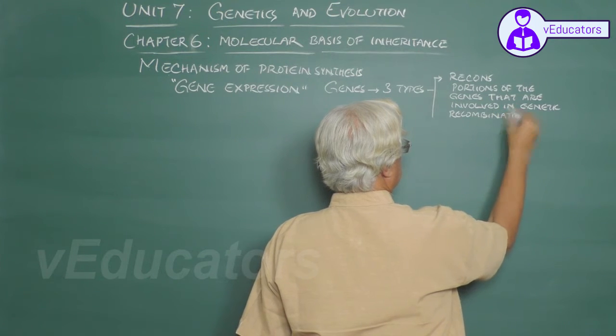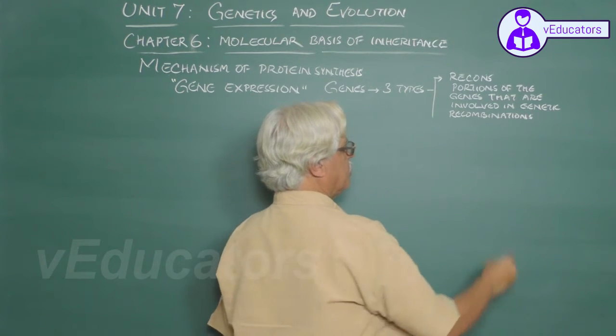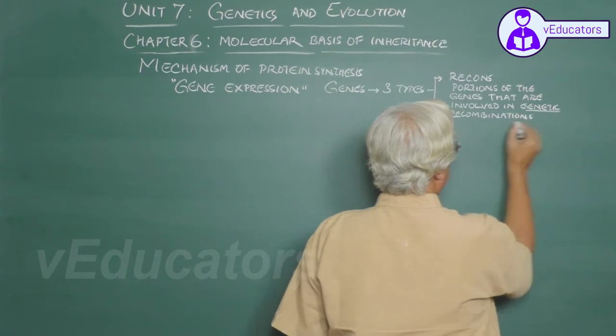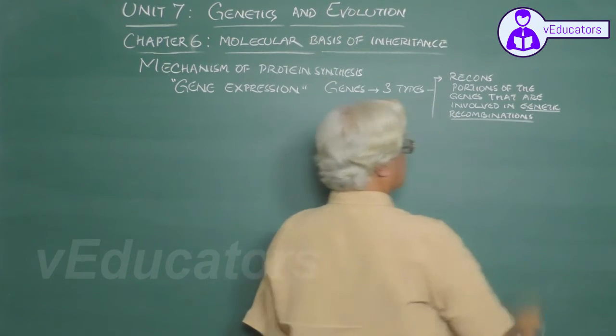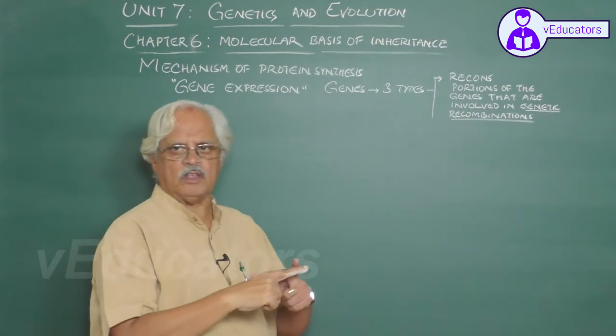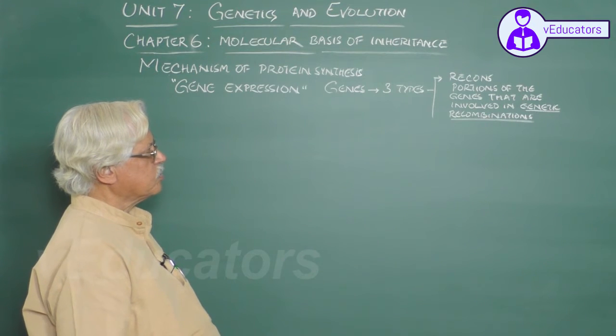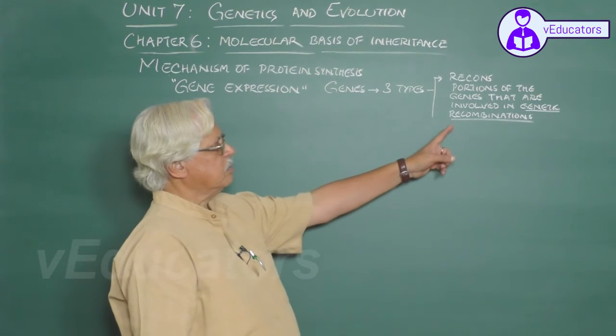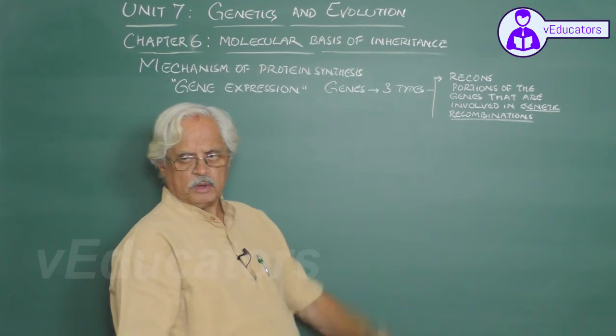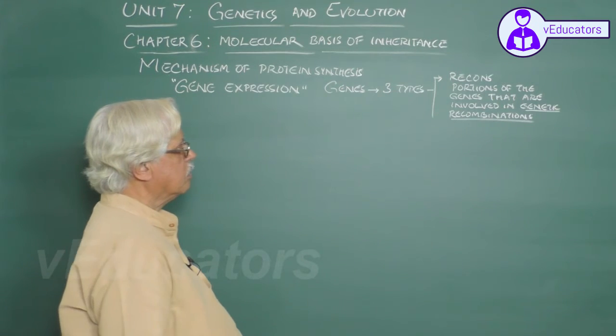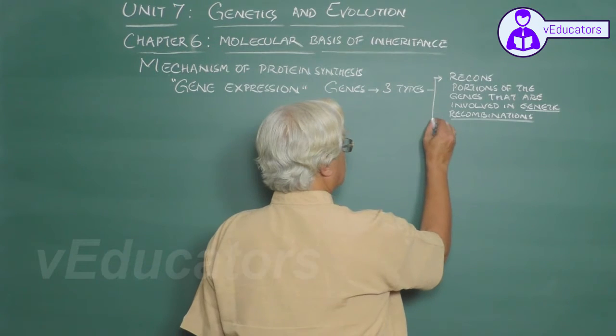And remember, these genetic recombinations occur during crossing over of the non-sister chromatids. So, those portions of the genes that are involved in genetic recombination, they are called recons.